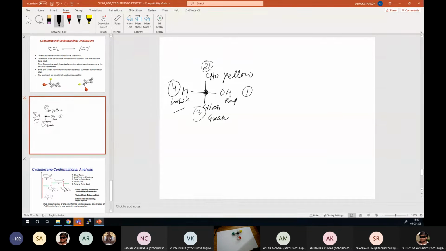So now if you see it like this, so 1, 2. Now tell me, is it clockwise or anti-clockwise right now? Right now, is it clockwise or anti-clockwise?